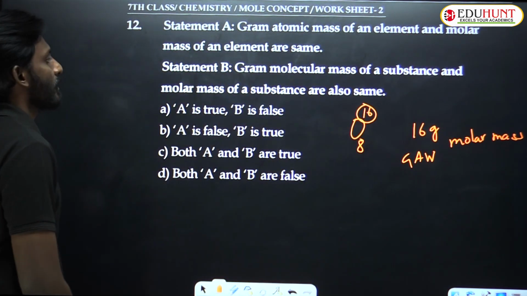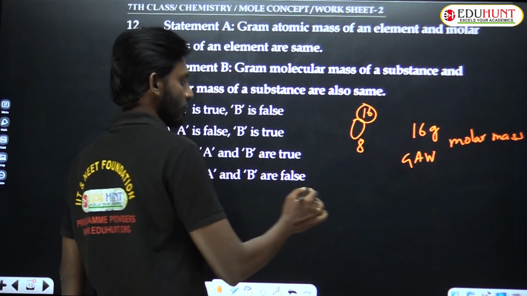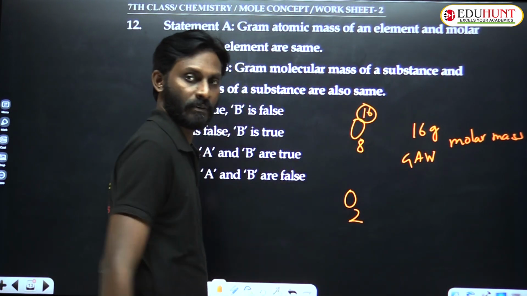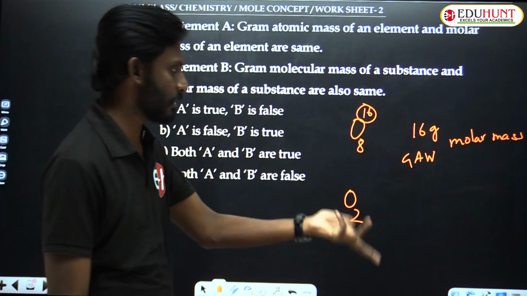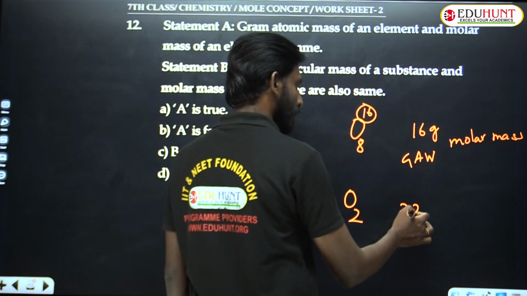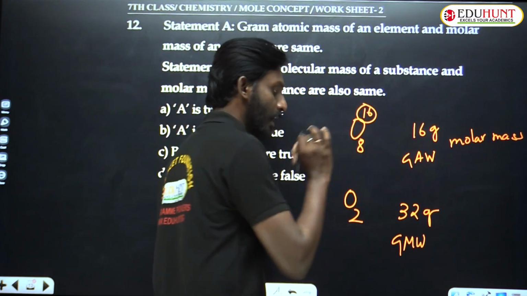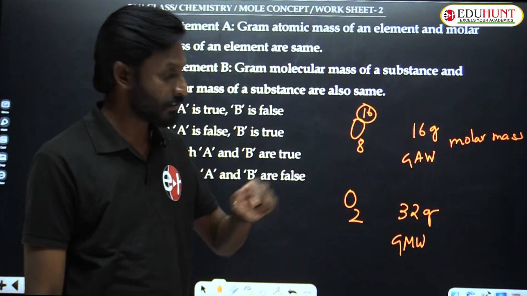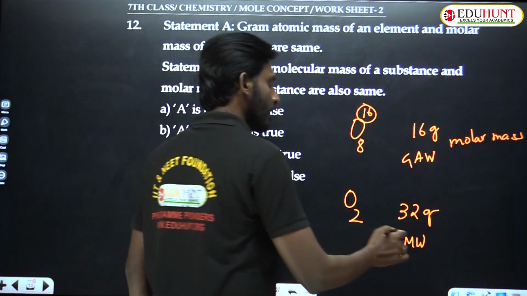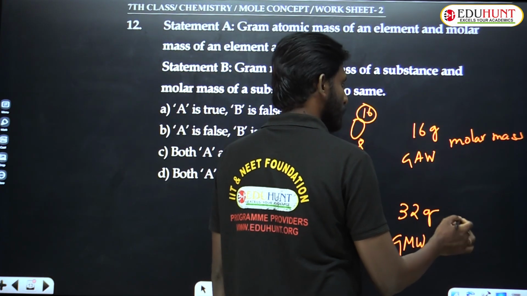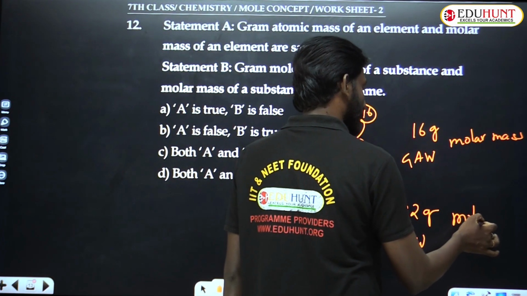Similarly for molecule also, suppose if you take O2 molecule, there are 2 oxygen atoms, so 32. So 32 is the molecular weight. If you express in grams, it will become gram molecular weight. If you take 32 grams of oxygen, that will contain 1 mole molecule, so that is also molar mass.